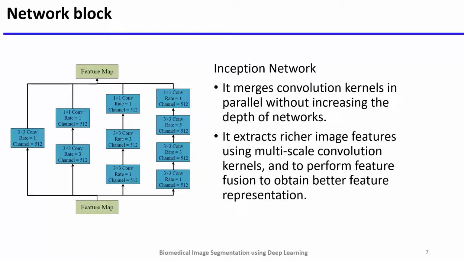So in parallel you can do different kinds of convolution operations, one time, two times, or three times. Rate 3 means three times, and then you can make an architecture. Whatever features come out here, you then merge and get the features.